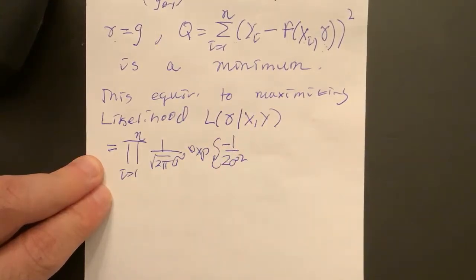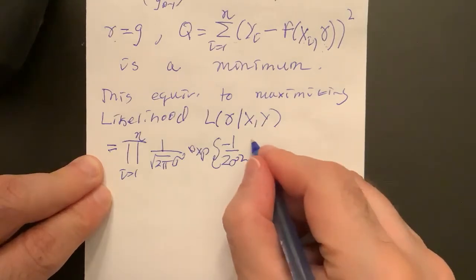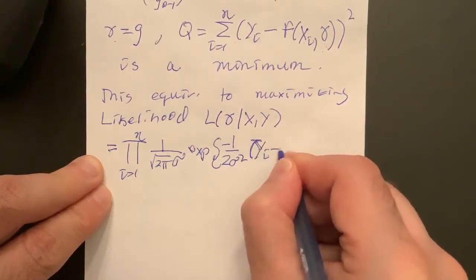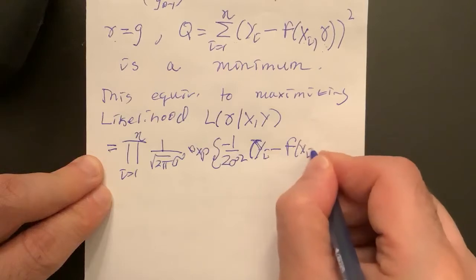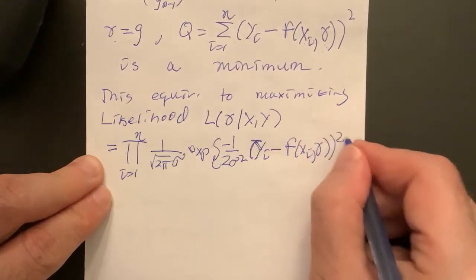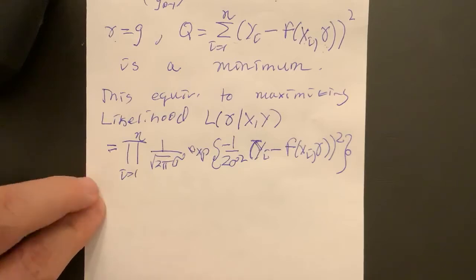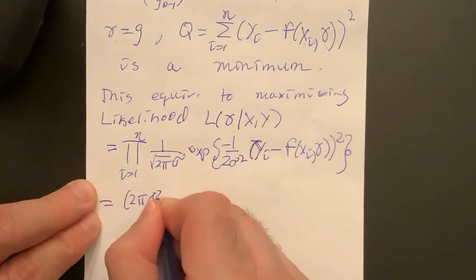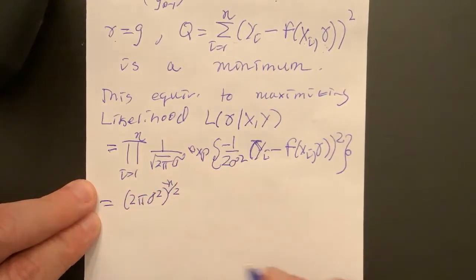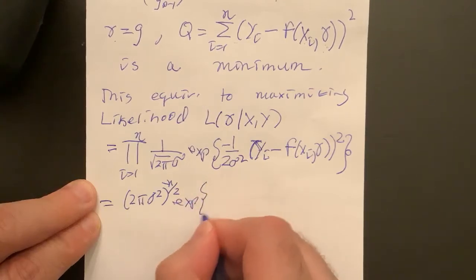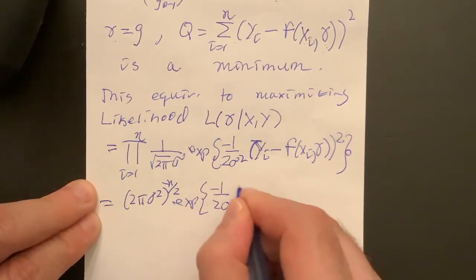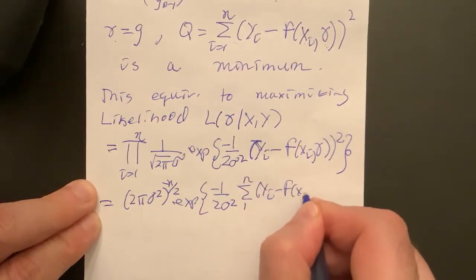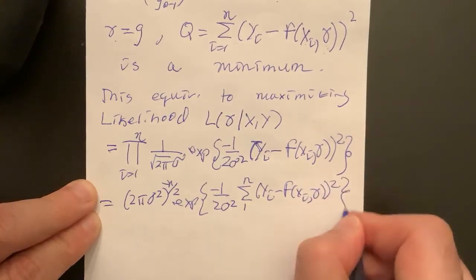The variance is sigma squared, and the mean would be f, the regression function, right? If I take the product there, this is a big constant, so I have 2 pi sigma squared to the minus n over 2, times exp of minus 1 over 2 sigma squared, summation 1 to n, of yi minus f of xi, squared.